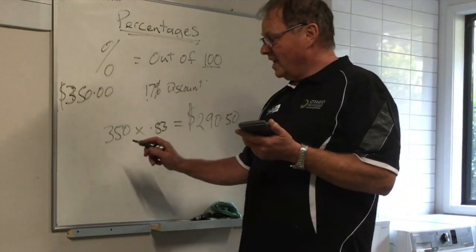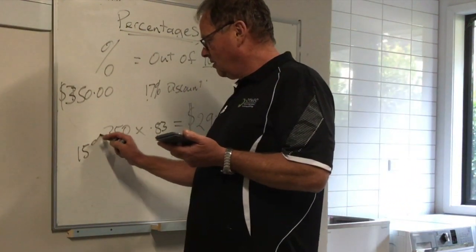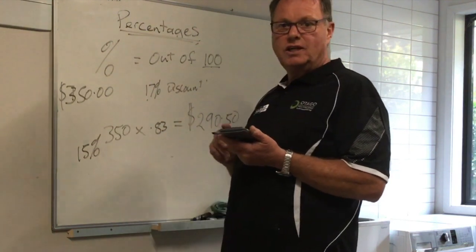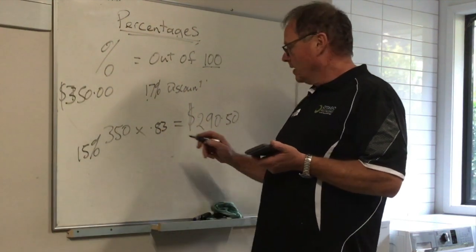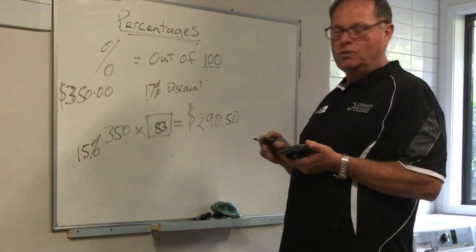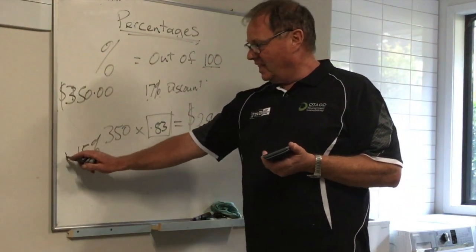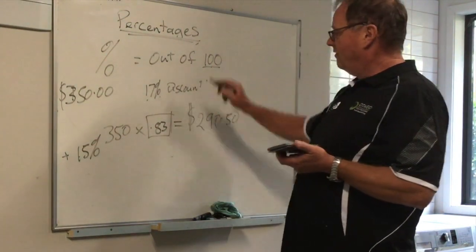Sometimes though we might have to add on GST. GST's at 15%. So if we add on GST at 15%, instead of multiplying by a factor of 0.83, which is that 17% discount, if it's adding GST, it's plus 15.